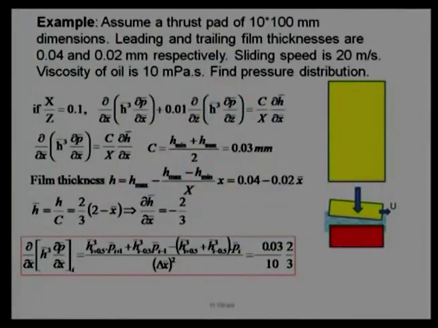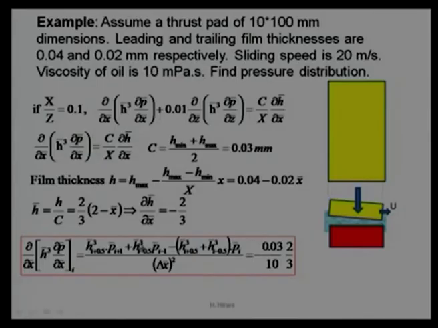First, we will consider the finite difference method. We know this term, and we know how to represent this derivative of the pressure term in terms of a finite difference equation, which was learned in the last lecture. That will turn out to be h bar cube at i plus half times p i plus 1.